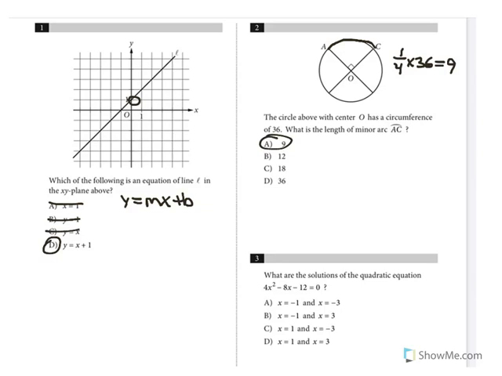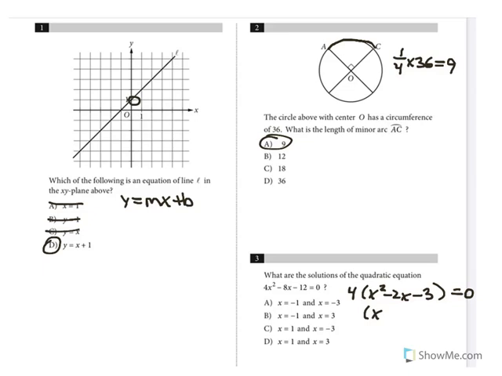What are the solutions of the quadratic equation 4x squared minus 8x minus 12 equals 0? Okay, so straightforward quadratic equations, solving those. We look at this and see we can factor out a GCF of 4. So we're going to have 4 times x squared minus 2x minus 3. And now, set equal to 0. Now we want to factor that trinomial.